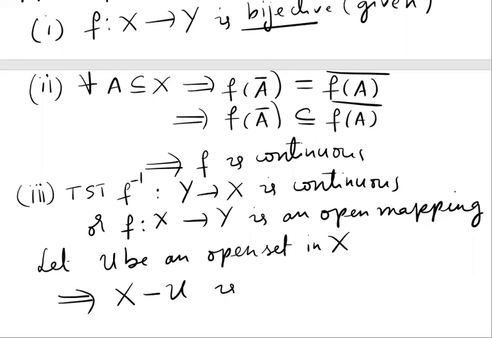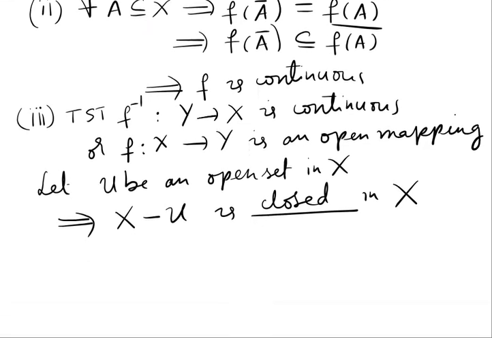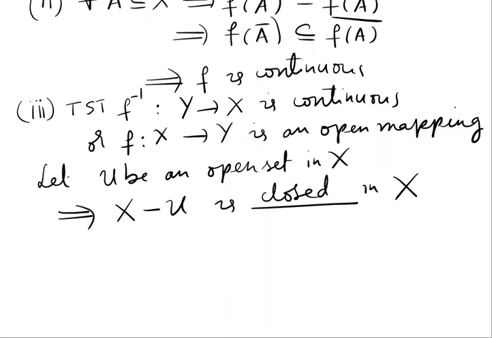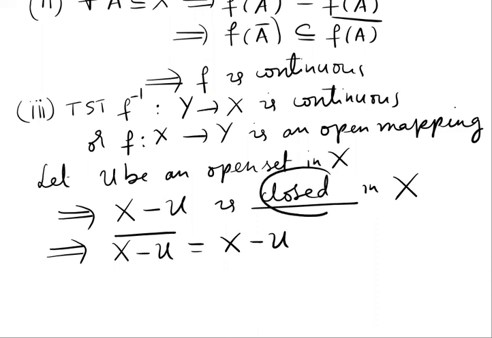Complement is what? Can you guess? Closed in X. So it is a closed set, no? What is the next step now? Whenever you have a closed set, what is its bar? That implies X minus U bar is equal to itself, because it is closed.